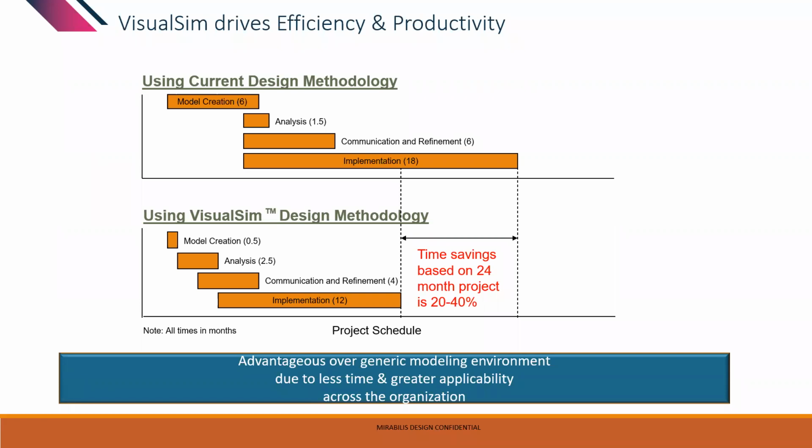This is because the model creation time is significantly reduced, because we have a very huge library of components which can be reused. And for creating custom components as well, we provide building blocks that can be used to create custom blocks. So we can cut short the model creation time drastically to focus more on the analysis side, to find all the bottlenecks in the design and eliminate any failures or bottlenecks in the design.